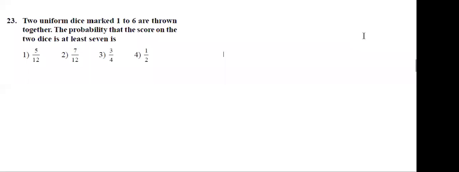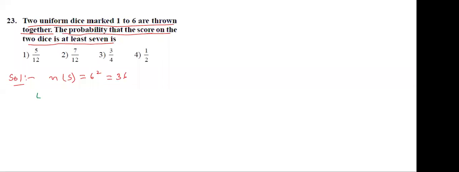Okay, so finally which option correct? Third option. 23rd question. What is given? Two uniform dice marked 1 to 6 are thrown together. That means n of S, 6 square, is equal to 36. What is the event here? The probability that the score on the two dice is at least 7.